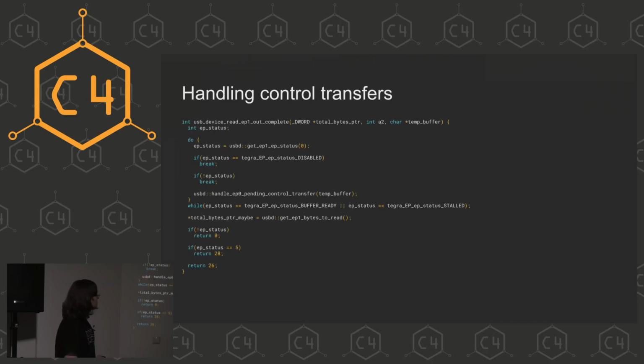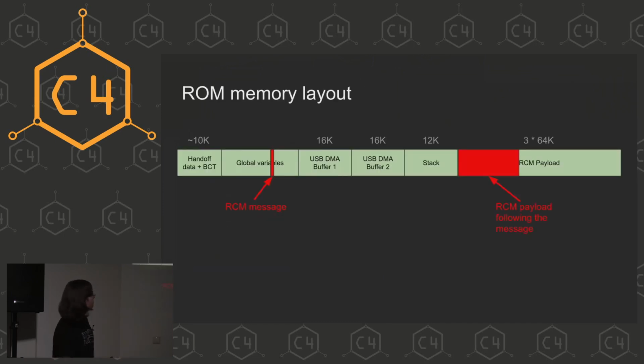And while doing this, it needs to handle a pending control transfer. And because that also does DMA, because it's also USB, it's going to use the other DMA buffer. So we have these two DMA buffers. For example, this one here is right now used for the bulk transfer to receive the RCM message.